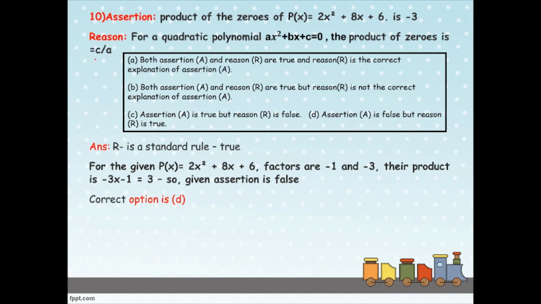So the reason is true. In the assertion, 2x square plus 8x plus 6, what is the product of zeros? c by a, so 6 by 2, which is 3. It is not minus 3. So the assertion is false. If the assertion is false, we directly go and land on option D.